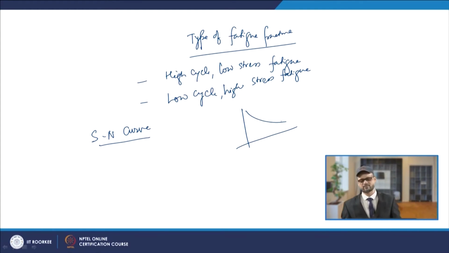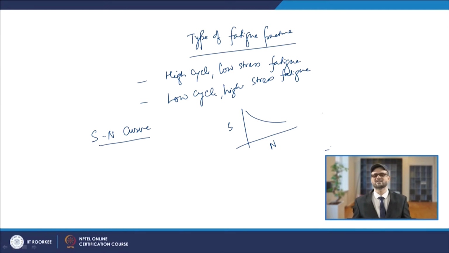So this type of curve is there. This will be your S, and this is your N. S is the nominal maximum stress to which the material is subjected, and N is the number of cycles. Then we have this plot, and what we see is that this line goes on asymptotically.